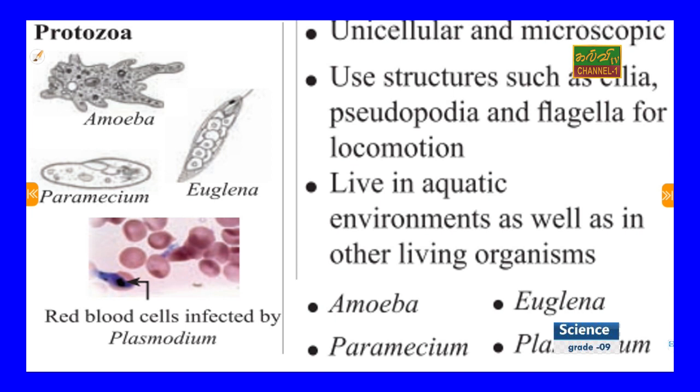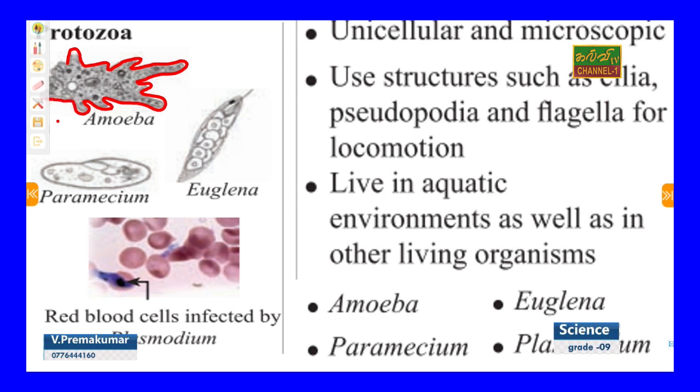Protozoa, for example, amoeba. Here I would like to draw the amoeba's shape like this. It has no specific shape; the shape is going to change. But inside they have a special structure, the nucleus, and some vacuoles, spaces.